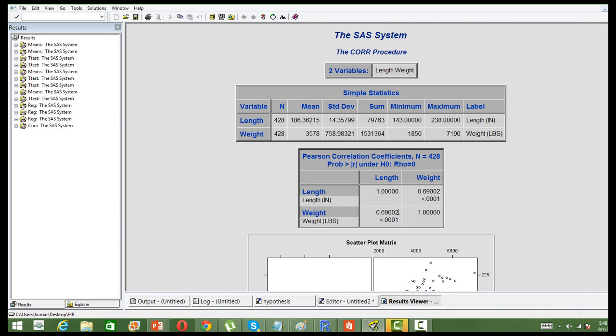Now you see that the correlation is 0.69. So it's a pretty high correlation actually.